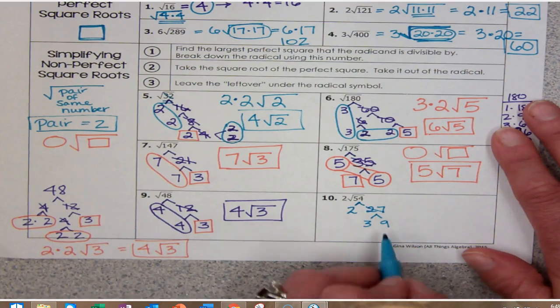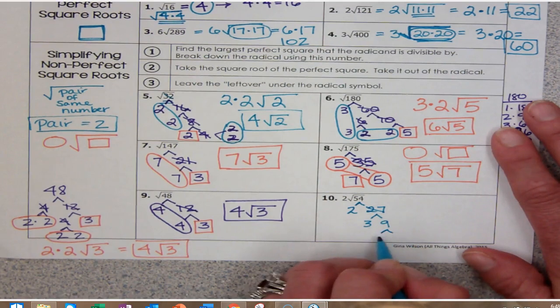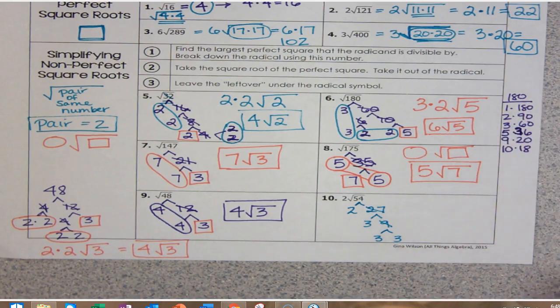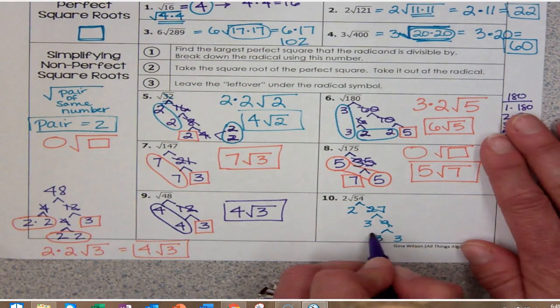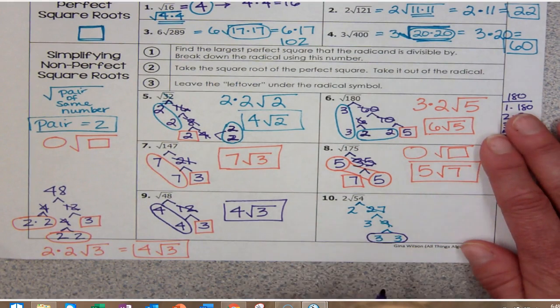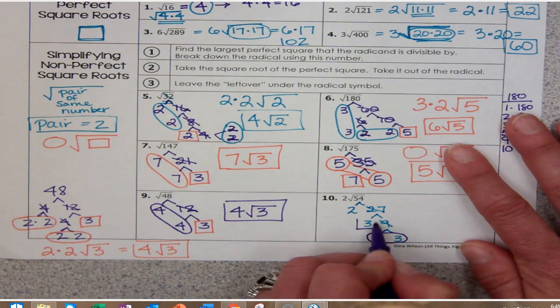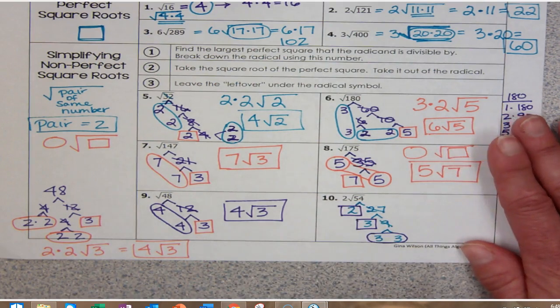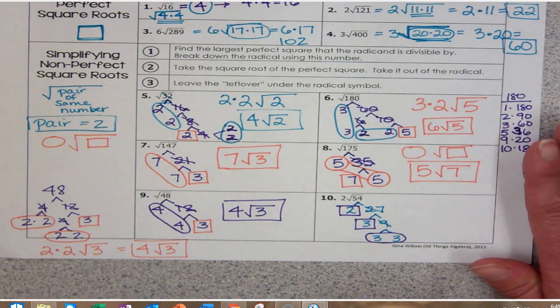I don't know what to do, but I still see that 9 can be broken down into 3 times 3. Now all of a sudden I have a pair. I have a pair of 3's right here, and I'm left with actually 2 leftovers. 2 and 3 are leftovers.